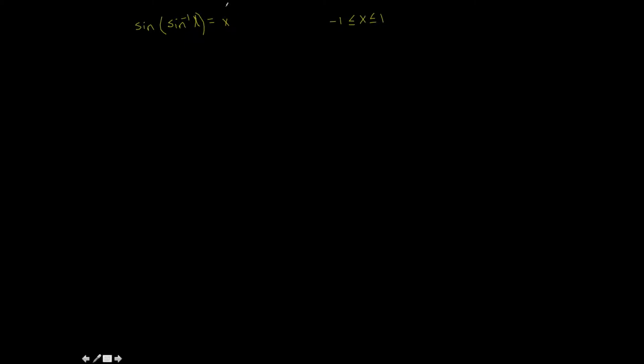They essentially cancel each other out. If we take the inverse sine of a sine, well, as long as x here is between negative pi over 2 and pi over 2, then as long as that's the case, we equal x.